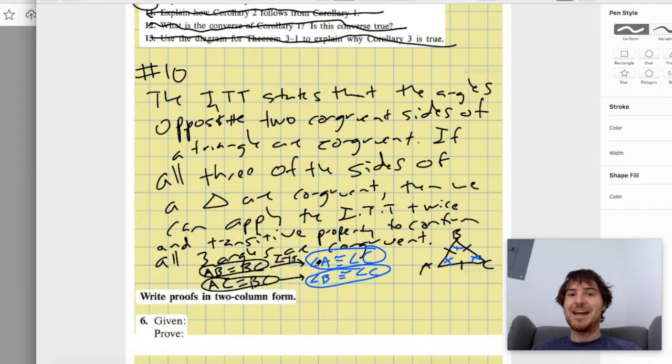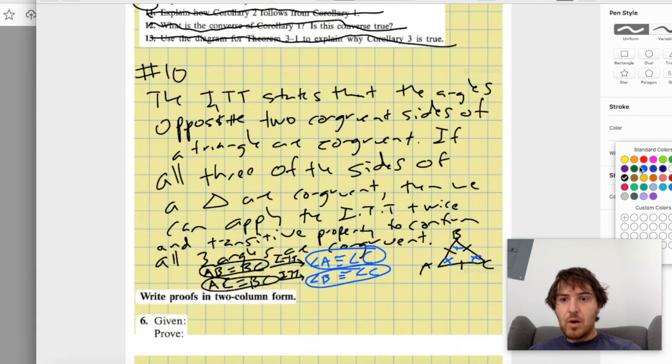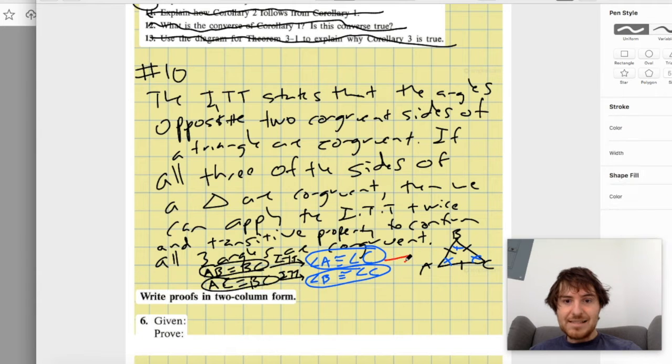It's a really messy diagram here, right? If I know that AB equals BC, then I know that angle A is congruent to angle C. That's the ITT. If I know that AC is congruent to BC, then I know through the ITT that angle B is congruent to angle C. And then because I know angle A is congruent to angle C and angle B is congruent to angle C, I'm going to apply the transitive property here.